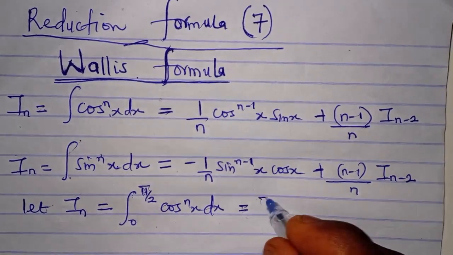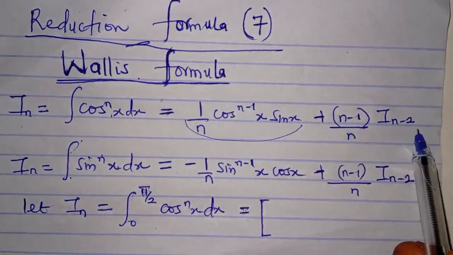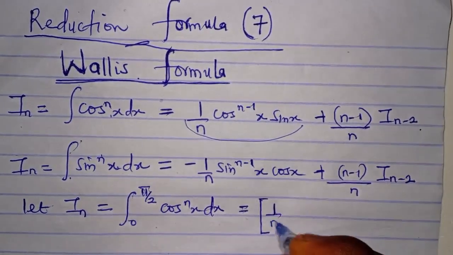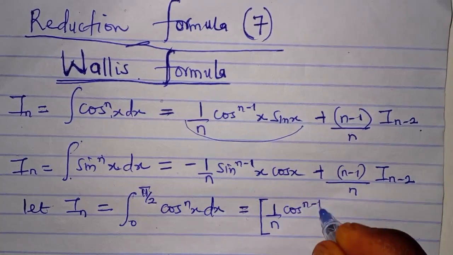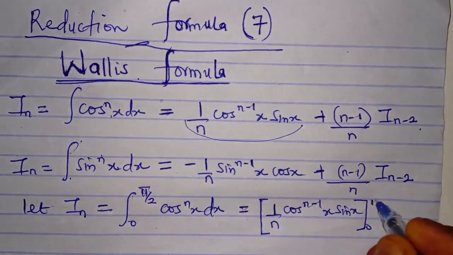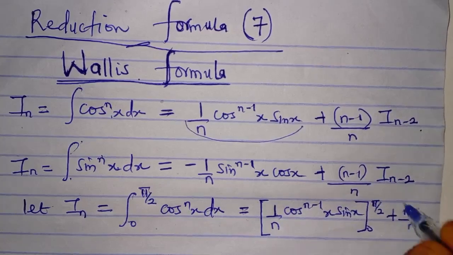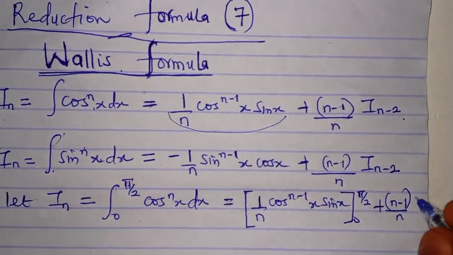That is, I'll take this, just this, leave this alone. 1 over n cos^(n-1) x sine x from 0 to pi over 2 plus (n minus 1) over n into I sub n minus 2.